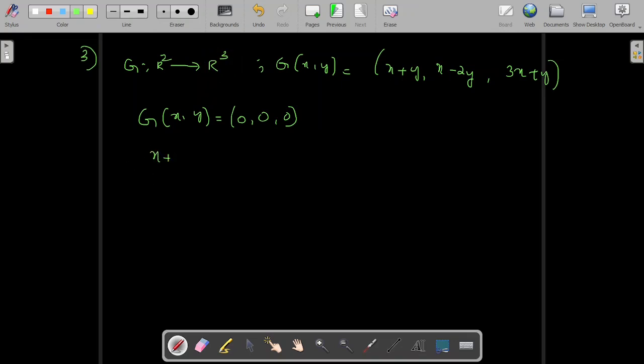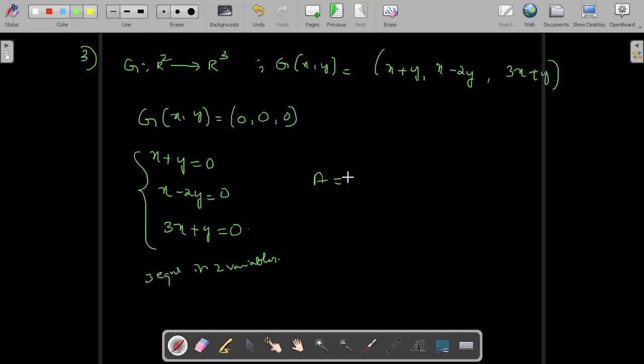So this is x plus y equals 0, x minus 2y equals 0, then 3x plus y equals 0. So you got 3 equations in 2 variables. The coefficient matrix of this system has rows (1, 1), (1, minus 2), (3, 1).